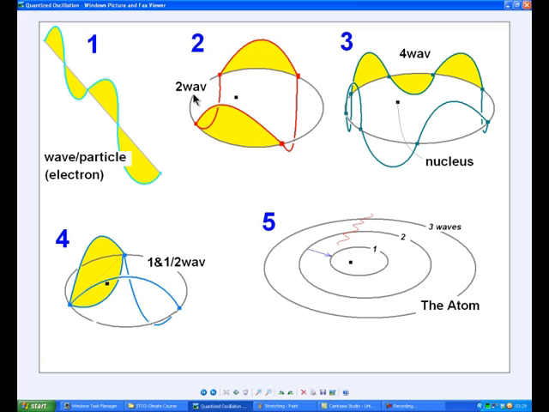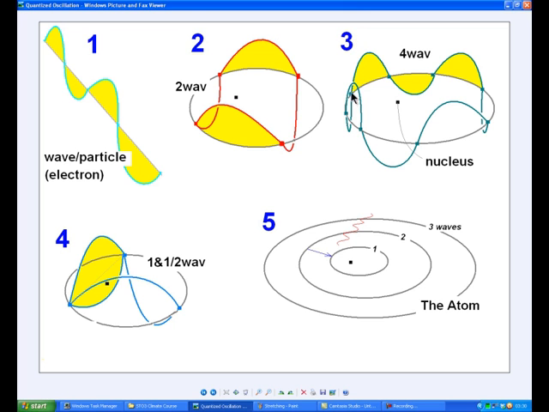Now the electron behaves like a wave, and on this particular ring or this particular energy level, let's look at the electron and actually what it's doing as a wave. Let's count how many waves. 1 wave, 2 waves. So there are 2 complete waves here. Let's now have a look at diagram number 3. Right?